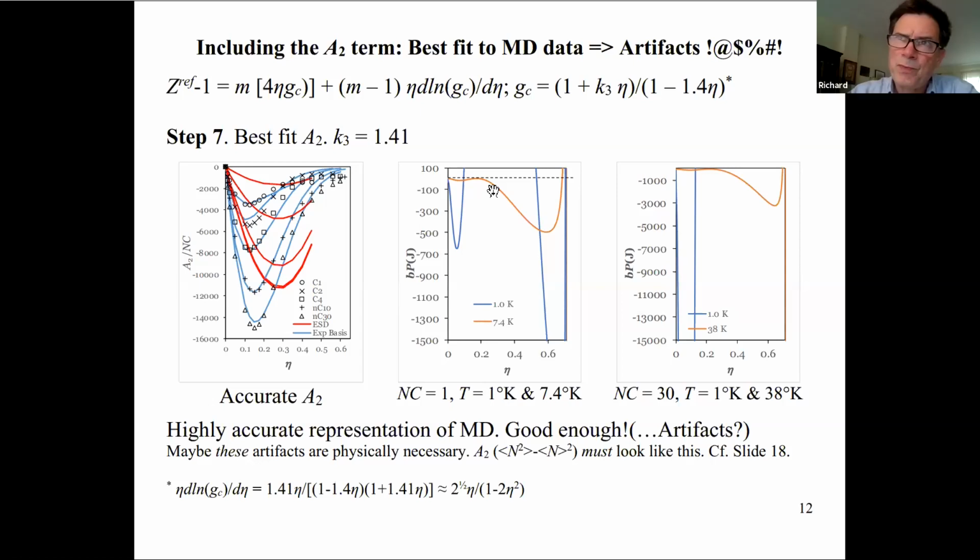Yeah, well, I kind of feel like to get the density anomaly right, you need to have some reason why the density goes down below that, what is it, 2 degrees Celsius or so.